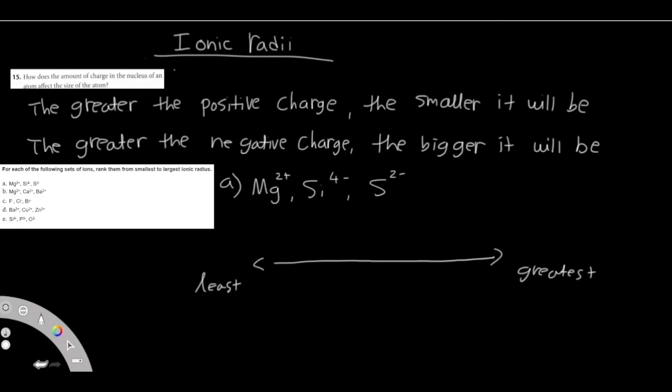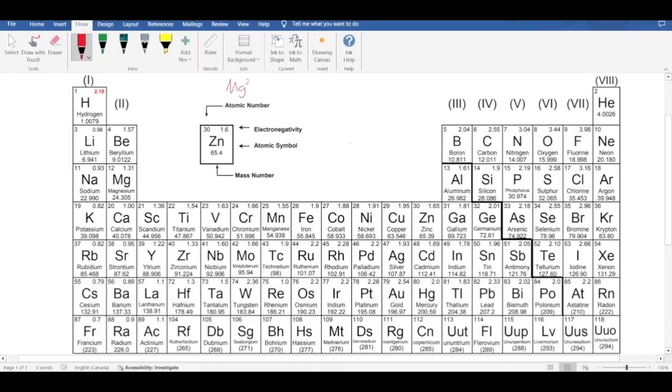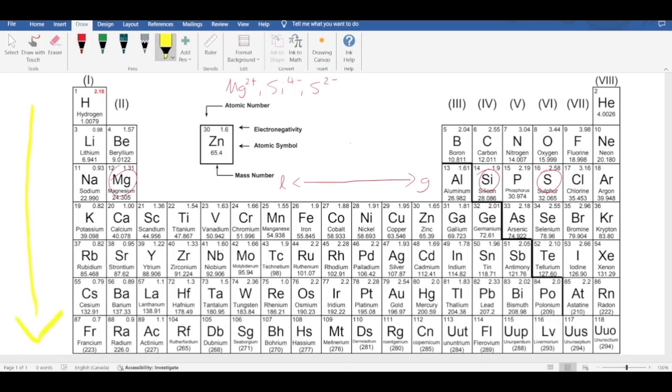Mg, Si, S. Mg right over here, Si right over here, S2 minus right over here. Least, greatest. Remember the trend. It increases in size downwards and towards the left.